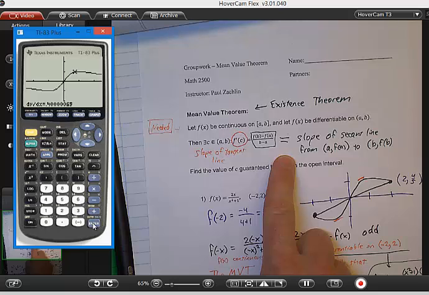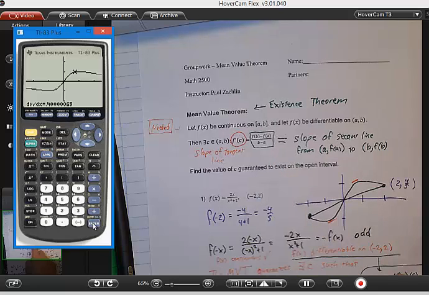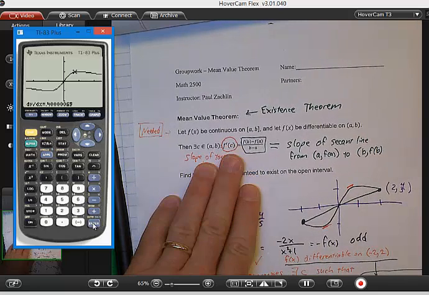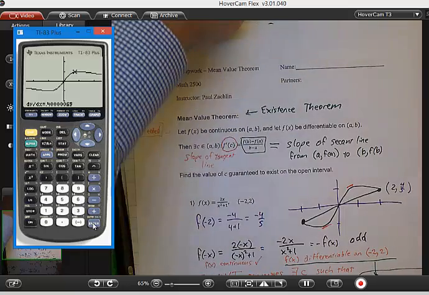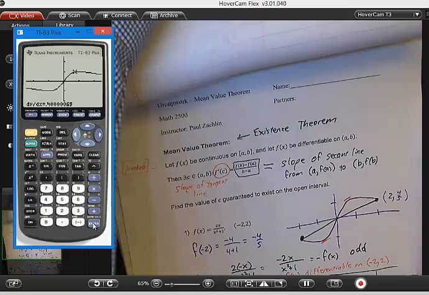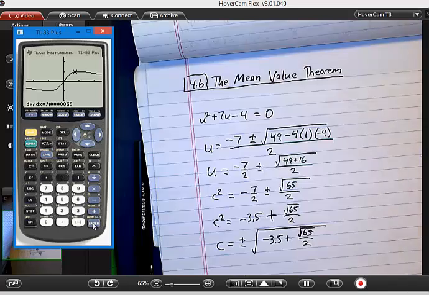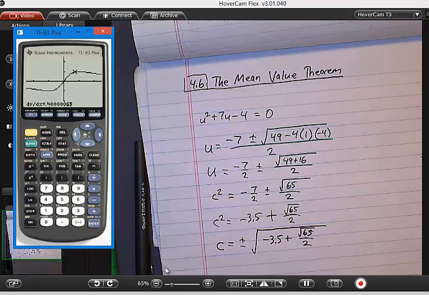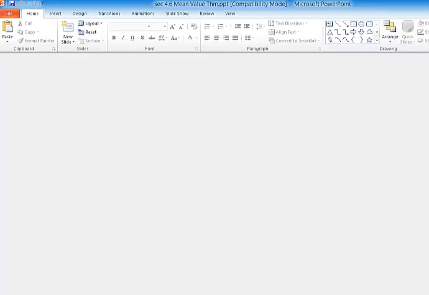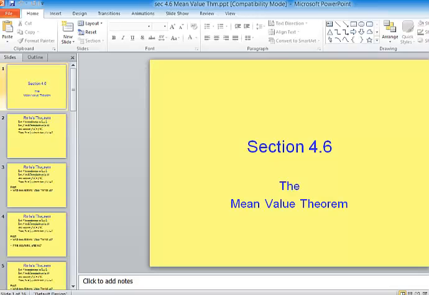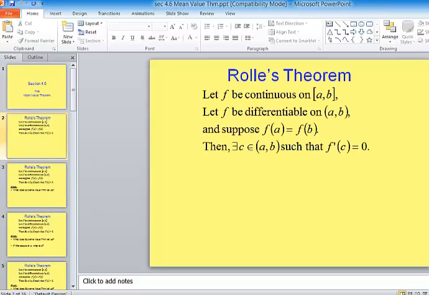That's what I want to get at now. In order to prove the mean value theorem, it's helpful to prove almost like an easier special case, an easier theorem. So we're going to talk about what's called Rolle's theorem. I'm going to use this little presentation I've done a few times on the mean value theorem to help us along. Here's what Rolle's theorem says, and you might want to write it down.